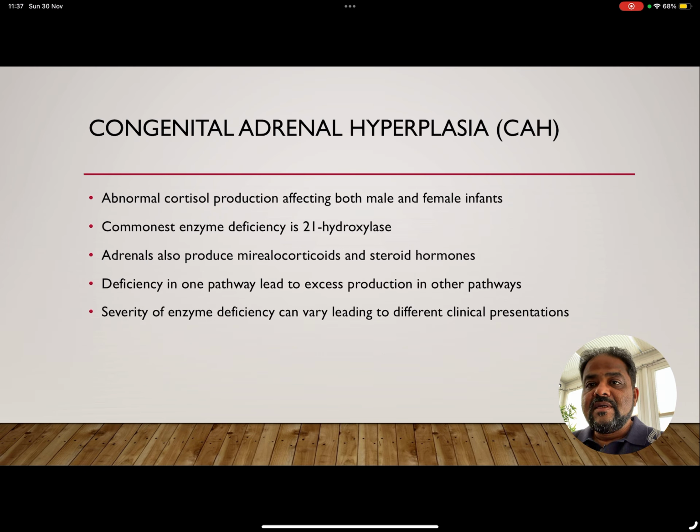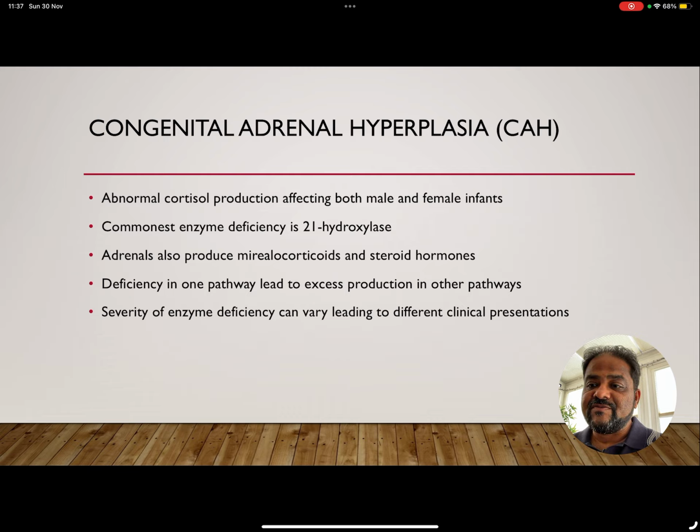Now, congenital adrenal hyperplasia. In this condition, there is abnormal cortisol production affecting both male and female infants. The commonest enzyme deficiency is 21 hydroxylase. Because of that, the adrenals also produce mineralocorticoids and steroid hormones, and deficiency in one pathway leads to excess production in other pathways.